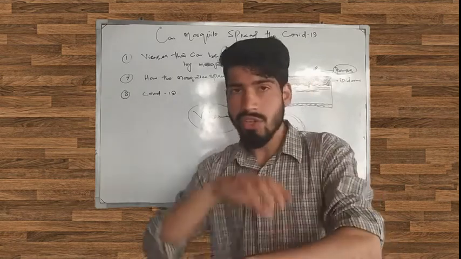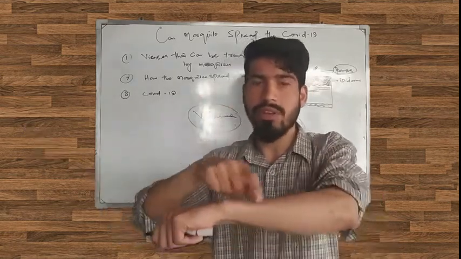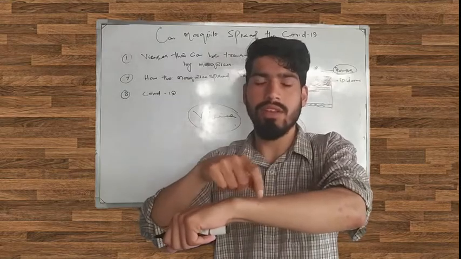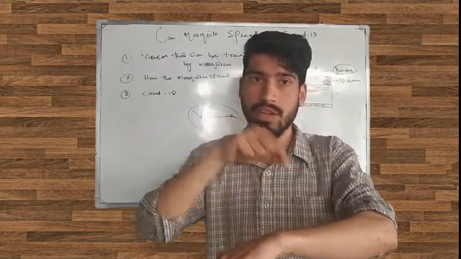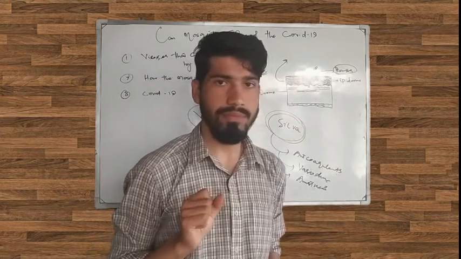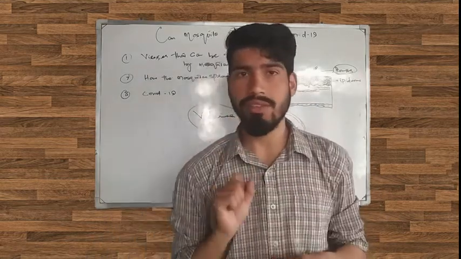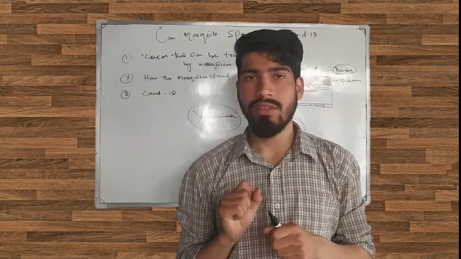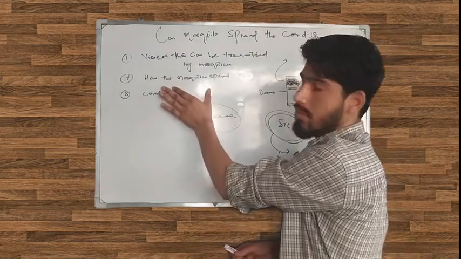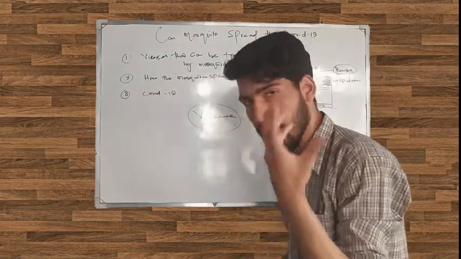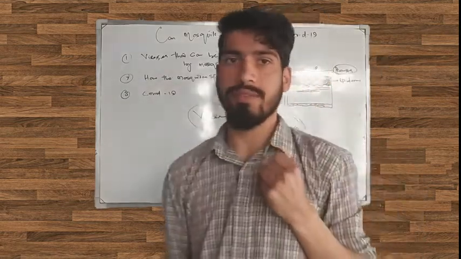Then the mosquito lands on the next person's skin, sucks the blood, and also produces saliva. In saliva there is the virus. So that's the process by which mosquitoes transmit the virus.